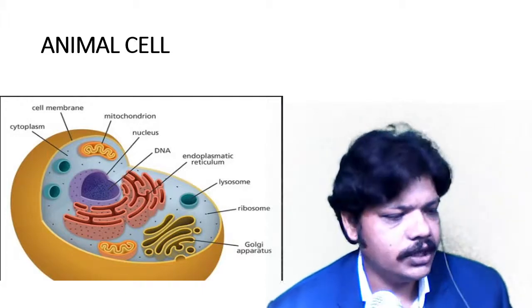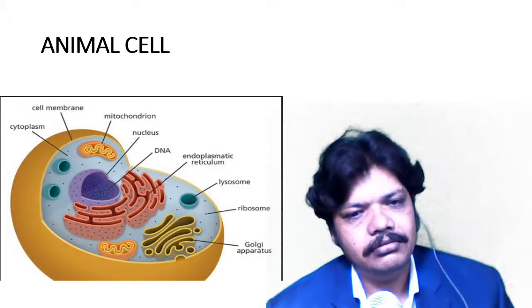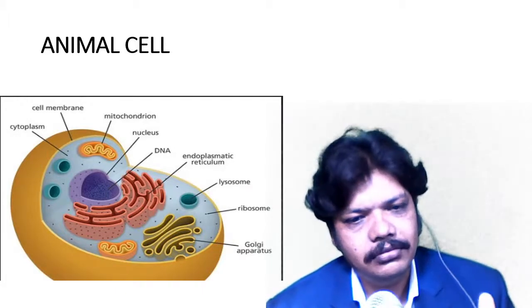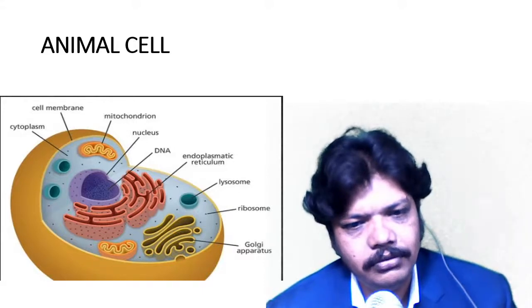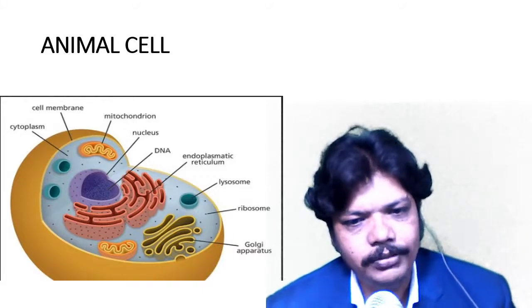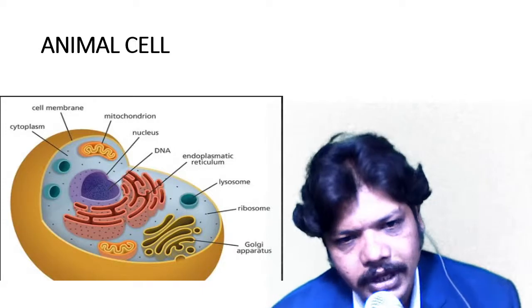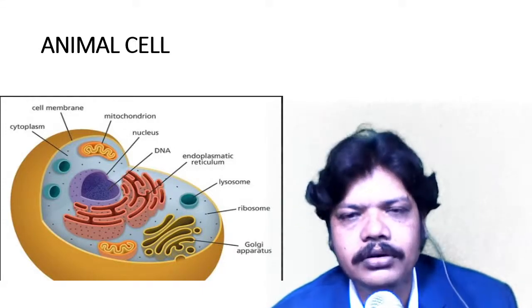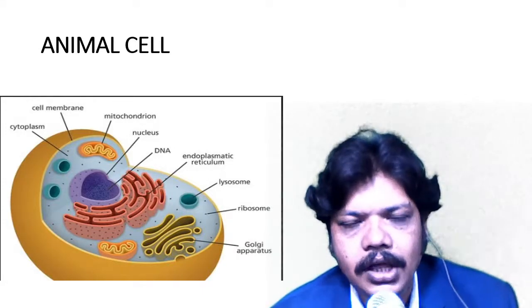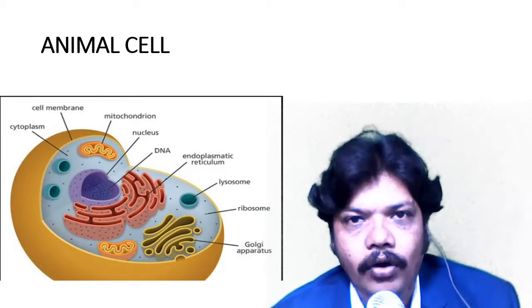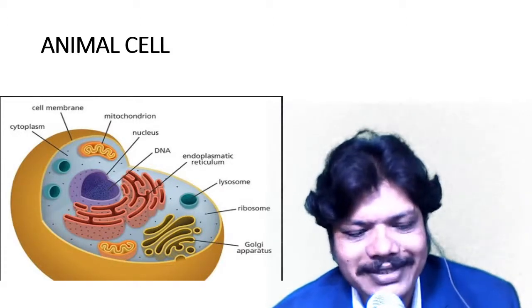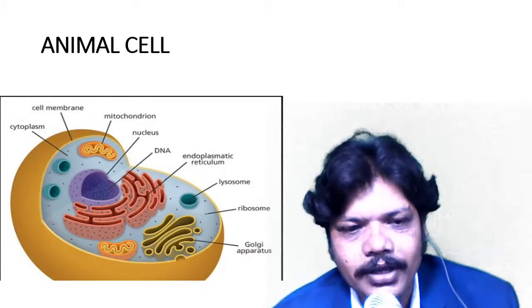Now again, one thing I would like to tell you about the cell we are studying. With the help of cells, tissue is formed. With the help of tissue, an organ is formed, and with the help of organs, a body is formed. So the sequence is cell, tissue, organ, organism.